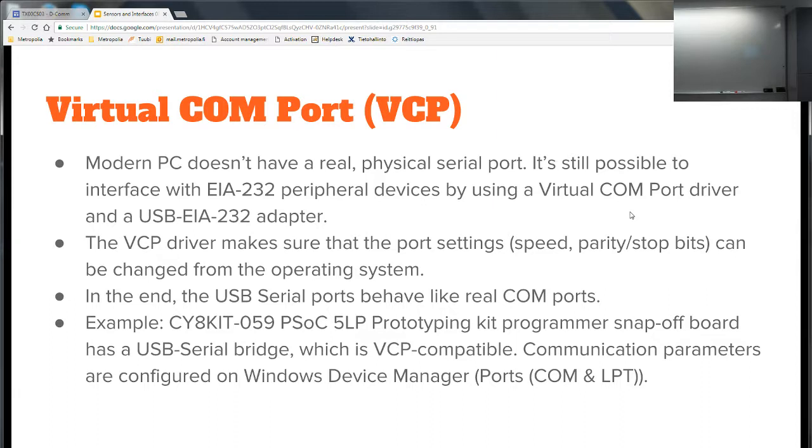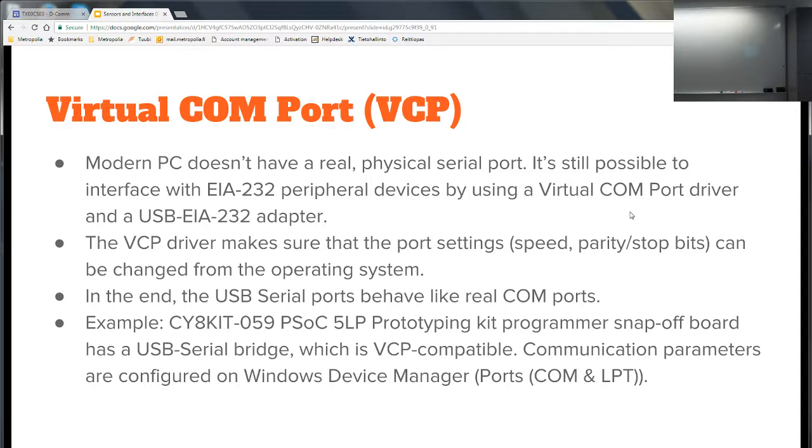And basically when you put that kind of USB COM port adapter in, the computer recognizes it, and since it's a USB device, it automatically installs the drivers, and then you can start using it, putting parameters in and so on.